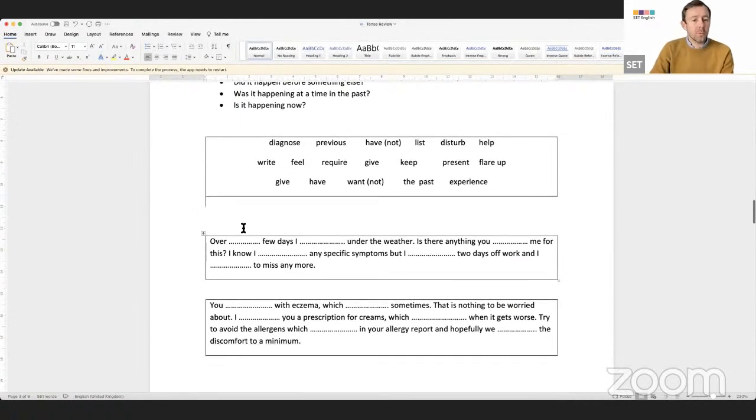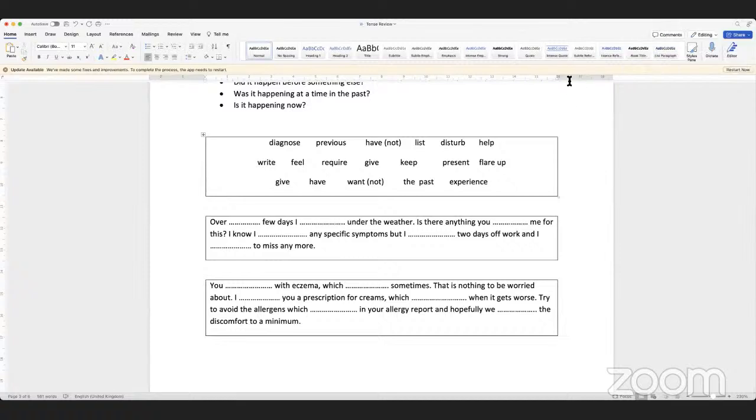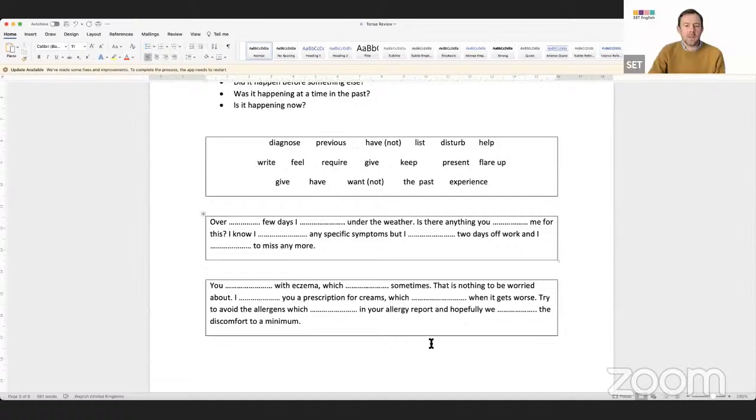I'm going to put you into groups. You're going to have a look at these, and I'm going to give you about 5 minutes to do it. We'll come back and we'll review it together. Everyone okay with that? Okay, you're going to have about 4 or 5 people in your groups. Here we go. I'm opening that now.